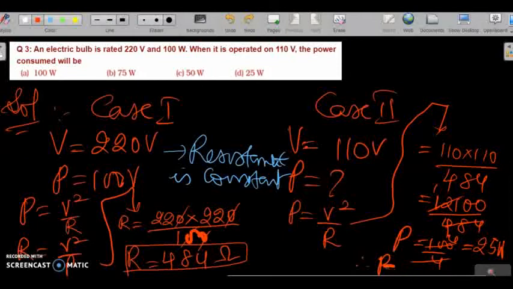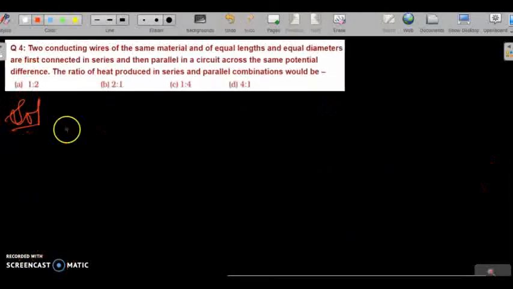So children, we have calculated the power of the second case. Now we work with question number 4. And what does it say? Two connecting wires of same material.